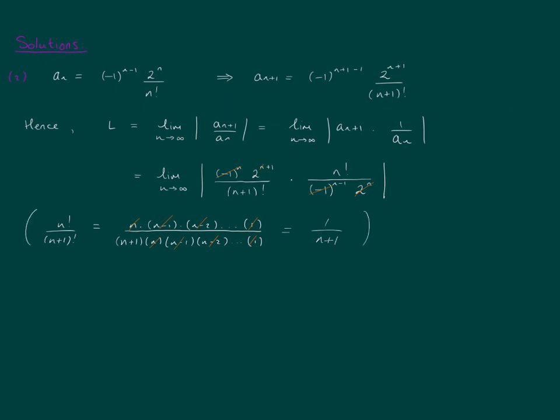Now I'm going to fill that into the limit. The limit of the absolute value of 2 over n plus 1. And this is 0. In particular, it's less than 1. Hence, by the ratio test, we got this limit L was less than 1.